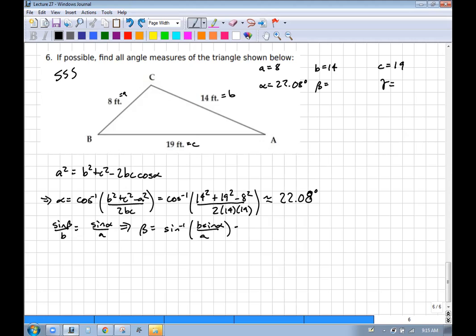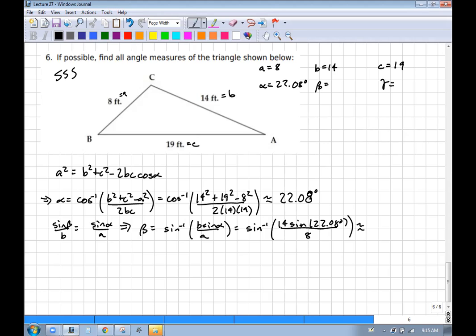So this would be sine inverse of 14 times sine of 22.08 degrees, divided by 8.